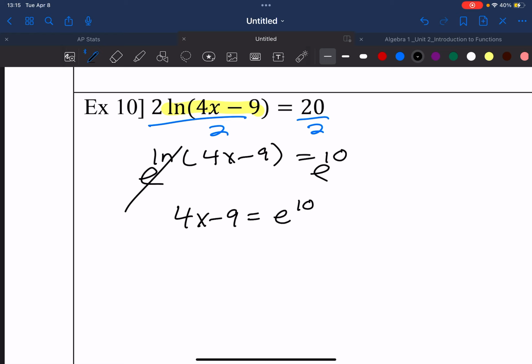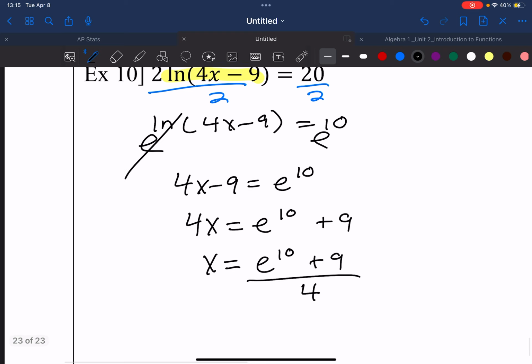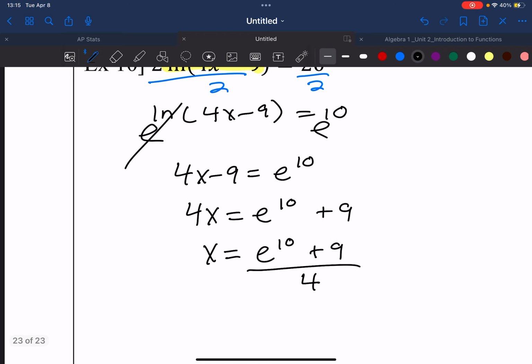I'm going to add 9 to the other side, so 4x is equal to e to the 10th power plus 9, and then I'm going to divide by 4. So x is equal to e to the 10th power plus 9 divided by 4. And if I wanted to get an approximation of this, I would plug this into my calculator, and I would get x is approximately 5,508.87.